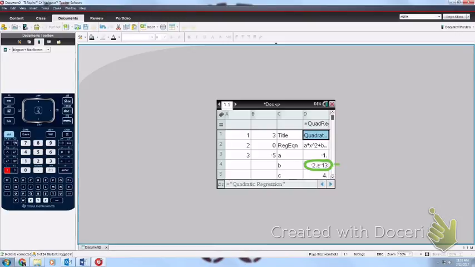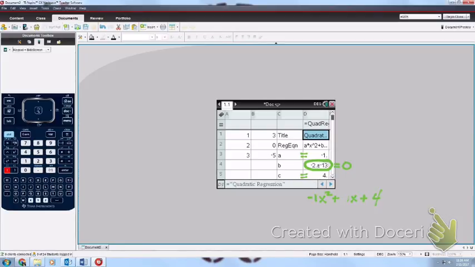Anytime you see something like that, it's going to equal 0. You should also see that A is equal to negative 1 and C is equal to 4. So our equation is going to be negative 1x squared plus 0x plus 4.